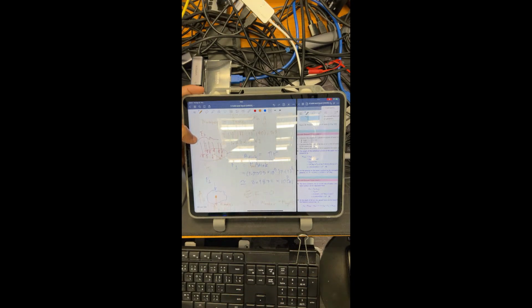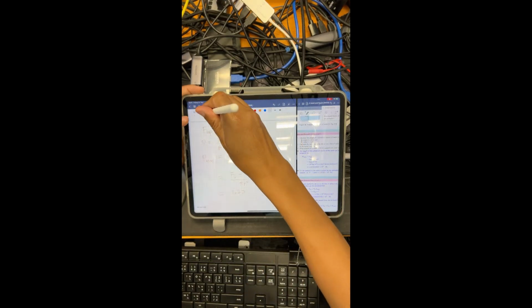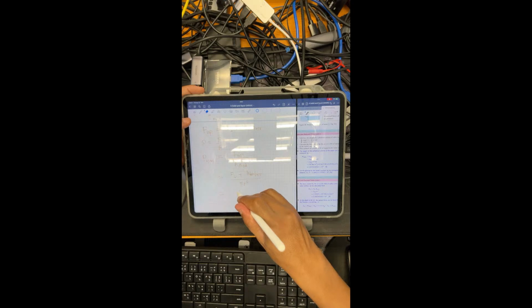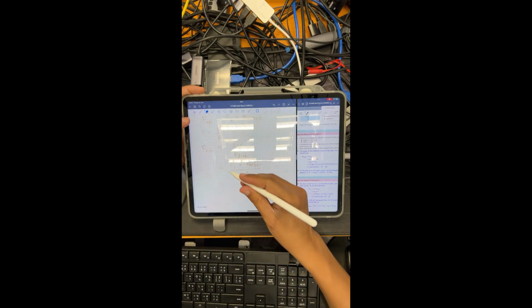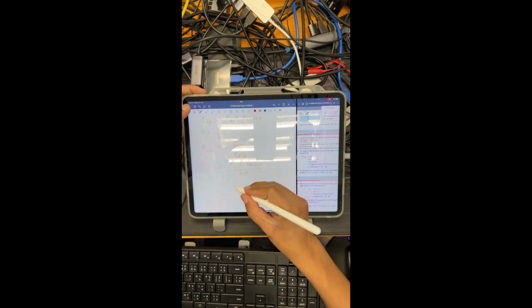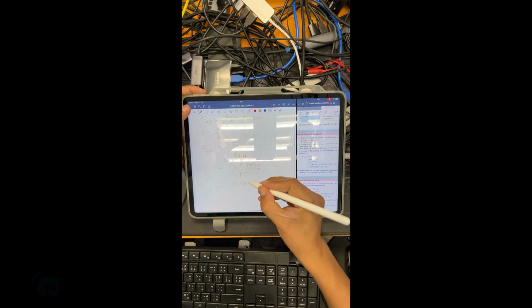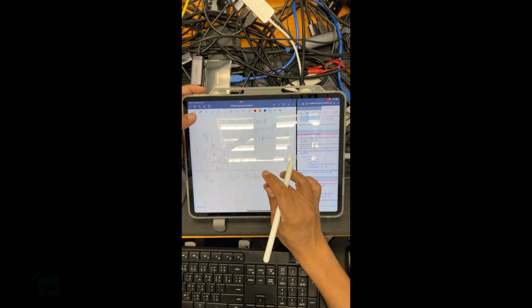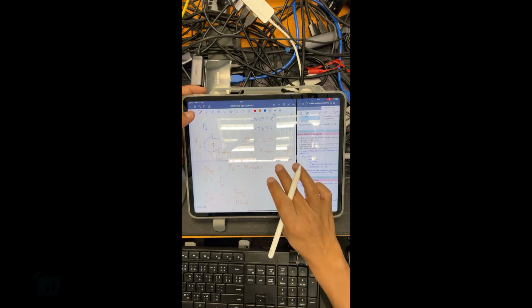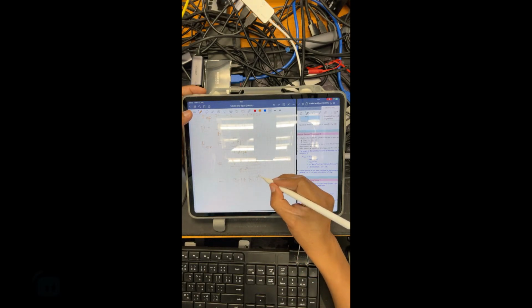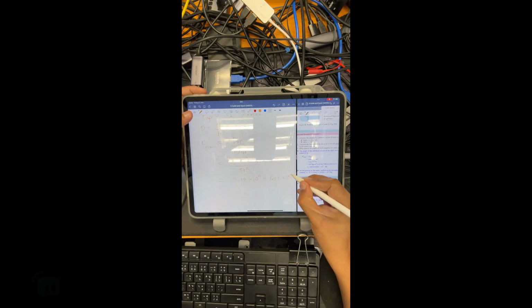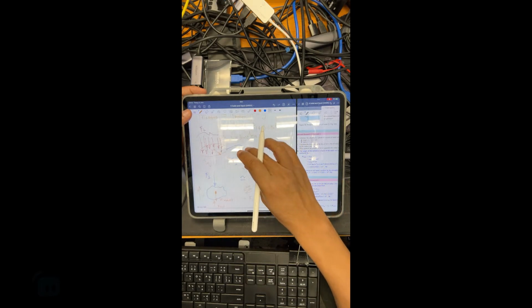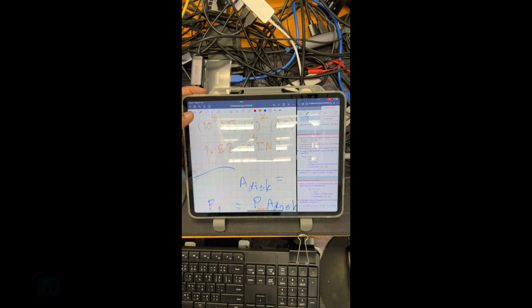F up is just found here, 3.18 times 10 raised to 5, plus 1.23 times 10 raised to 6, which is this value here, right?